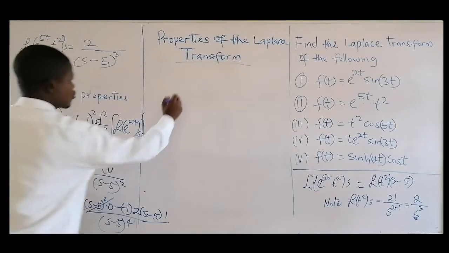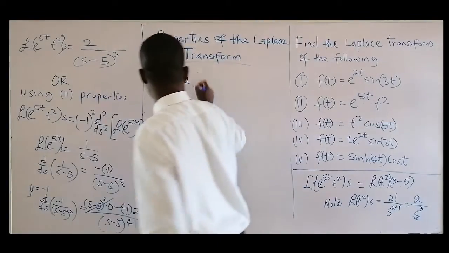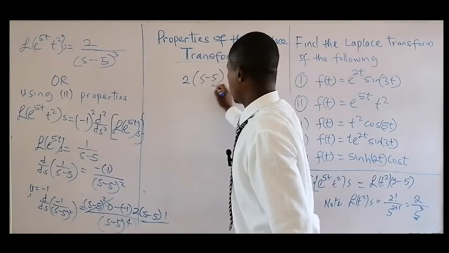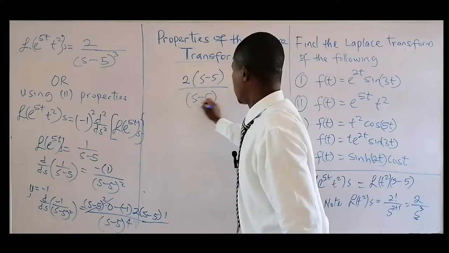Minus times minus, that's plus. We now have 2 into bracket (x minus 5) all over (x minus 5) power 4.